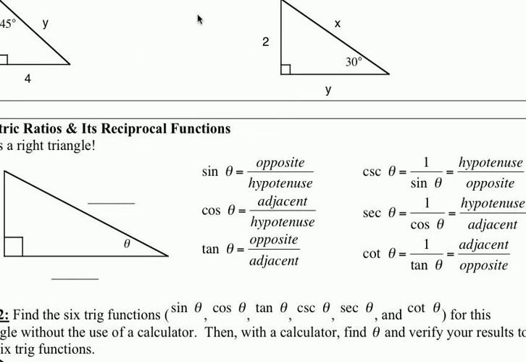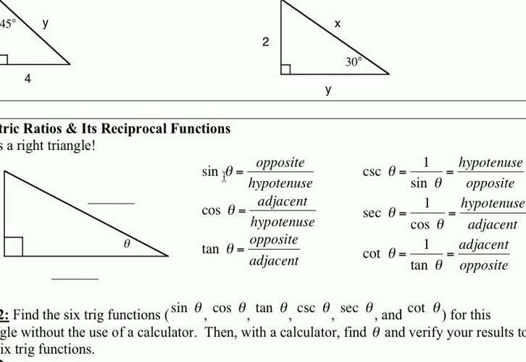Next up, let's look at our trigonometric identities. We have 6 trigonometric identities: sine, cosine, tangent, cosecant, secant, and finally cotangent. We will be talking about these a lot in class.